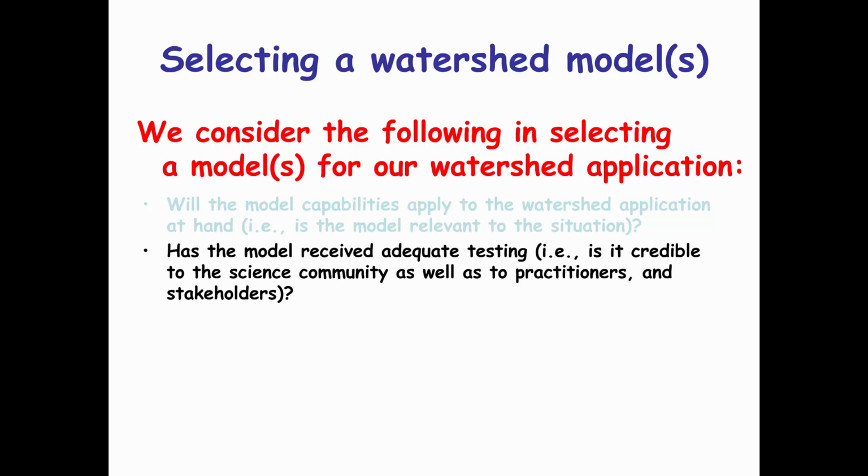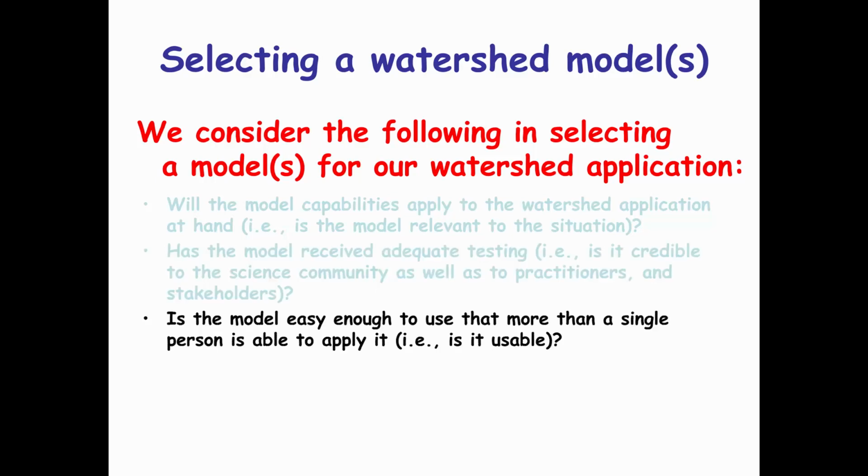Another consideration here is whether or not the model has been accepted by practitioners, by the scientific community, and very important here, that stakeholders also accept the basis for the model. And of course, to gain that credibility, usually the model has to have a lot of testing and application to make sure that people feel comfortable with it.